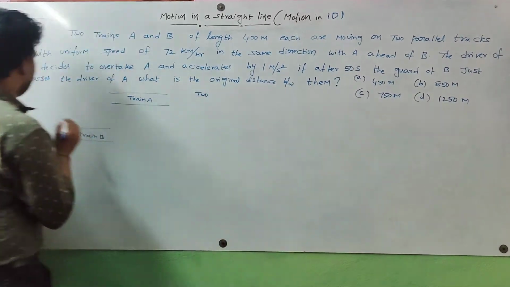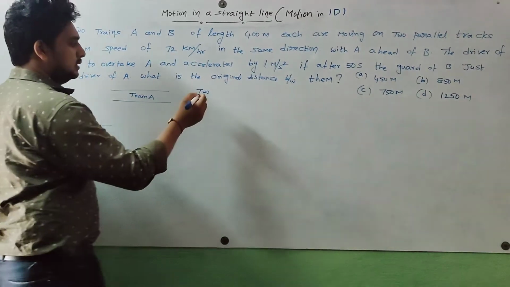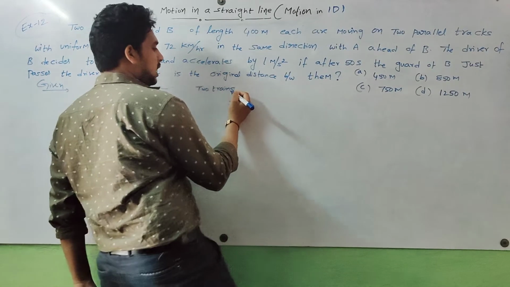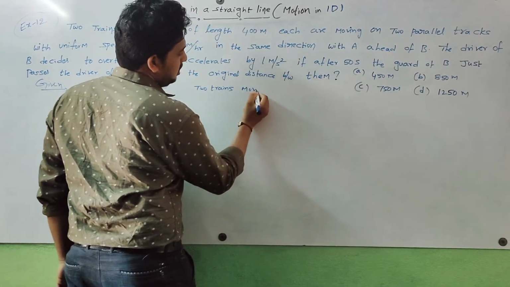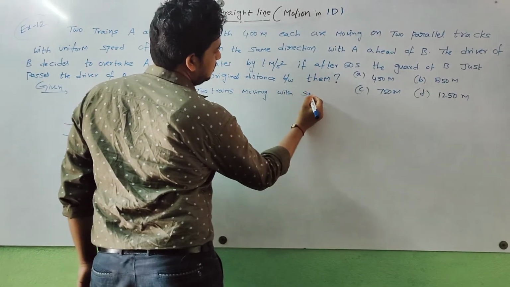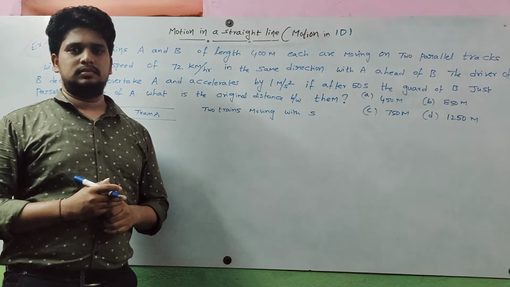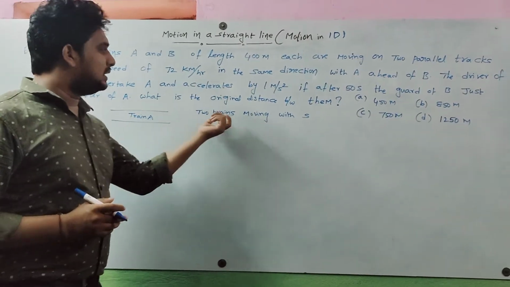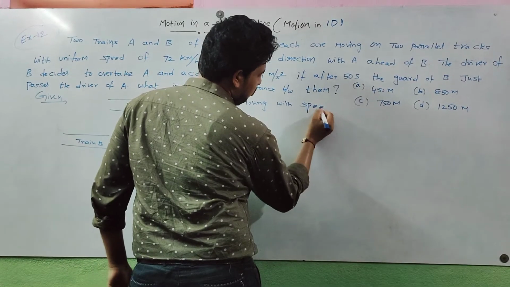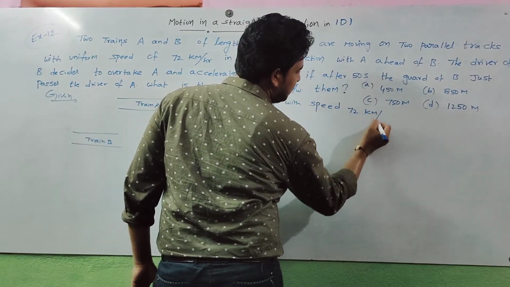Two trains are given, moving with the speed of 72 kilometers per hour.